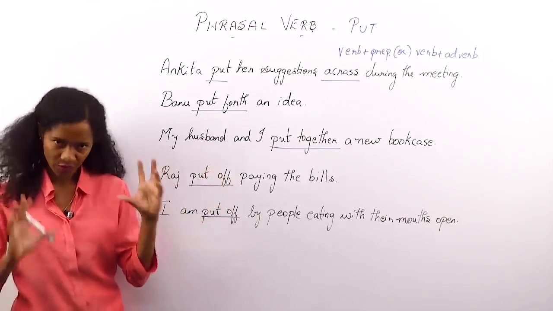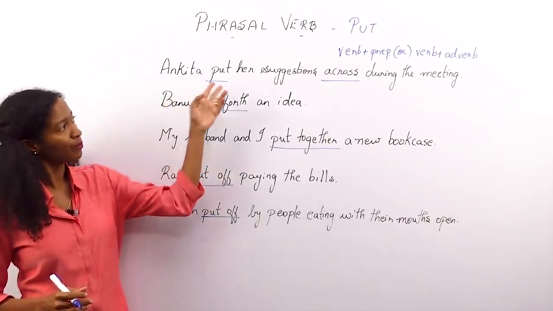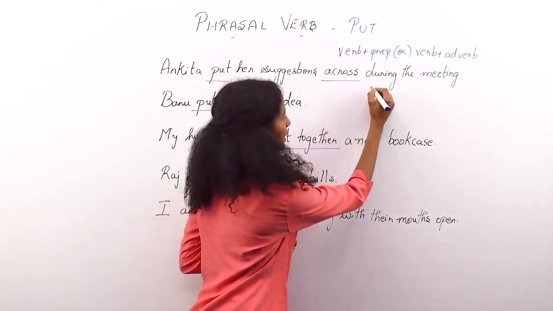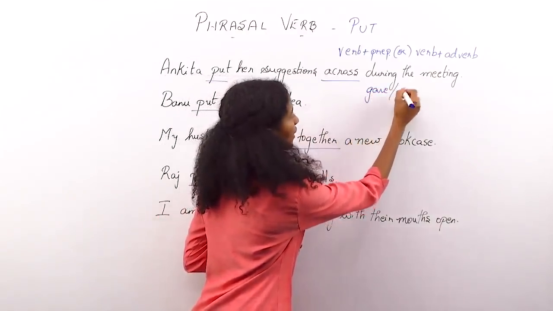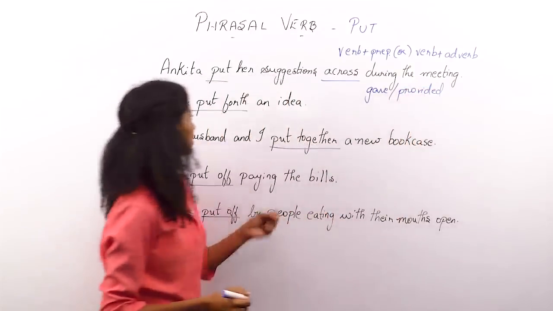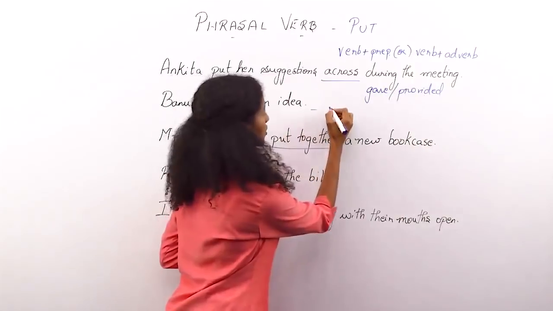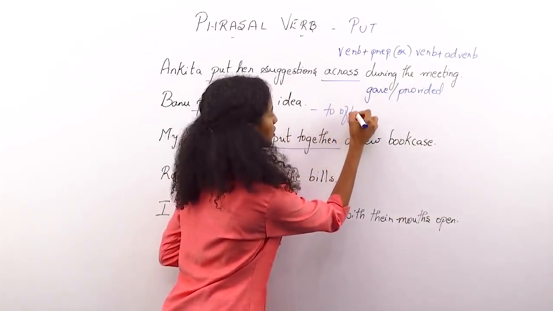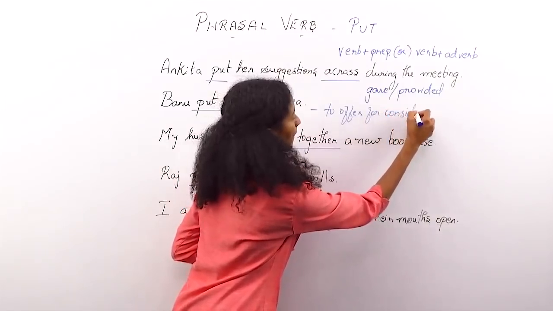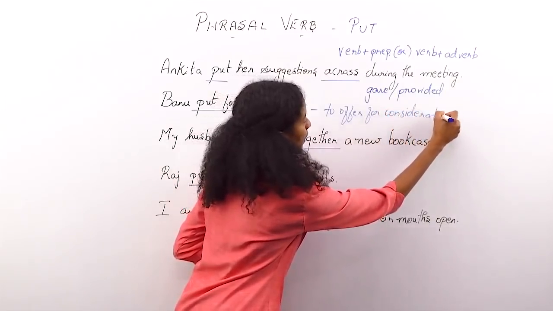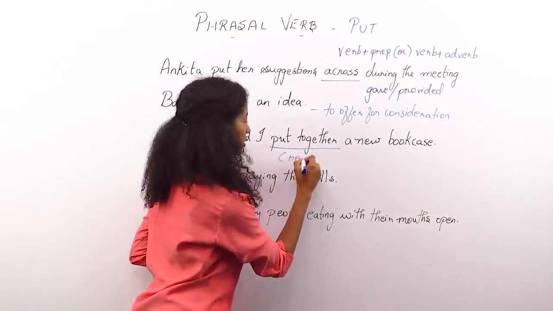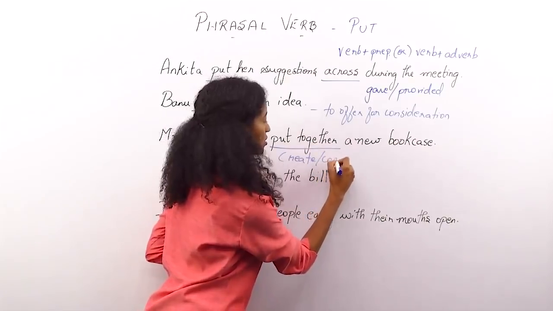So let's write the meanings so they register for us. Ankita put her suggestions across, meaning put across can be gave or provided. Put forth: to offer for consideration. Put together: created, constructed.